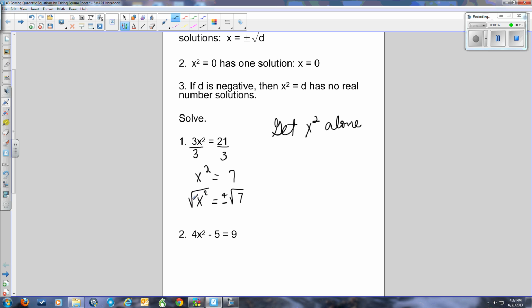When you take the square root of x squared, you just get x. Now we can't take the square root of 7 and get a whole number, and we can't really simplify it any further. So we end up with x equals plus or minus the square root of 7 as our answer. And most people jump from x squared equals 7 just to the next one. I'm just showing you that you are taking the square root of both sides.